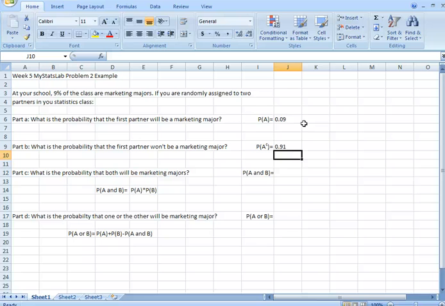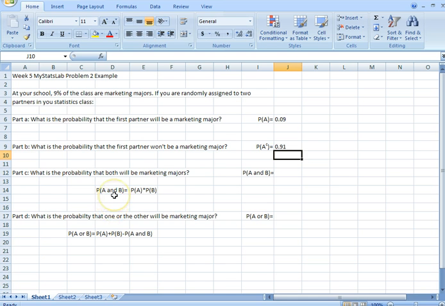And if we're going to assume that these are independent events, then it's the same probability, or 0.09, that the second one will be a marketing major. So probability of A and probability of B will be the same amount, 0.09.